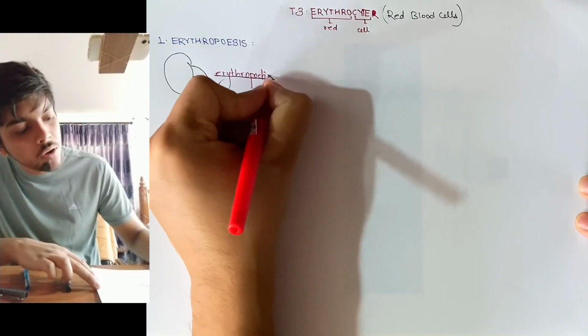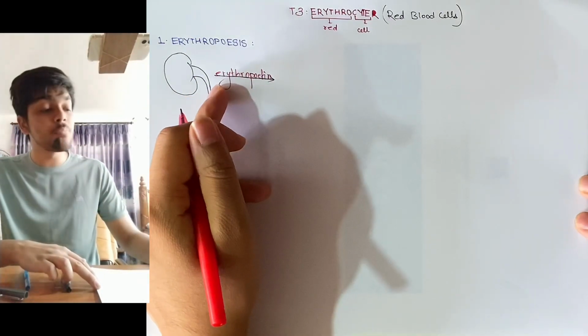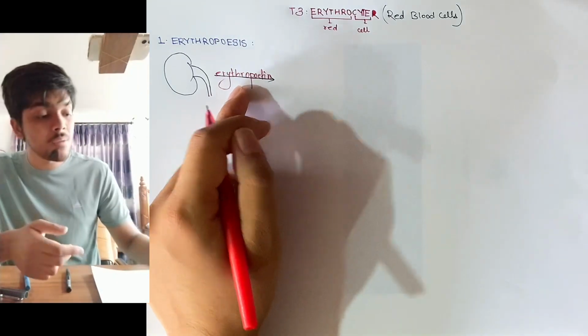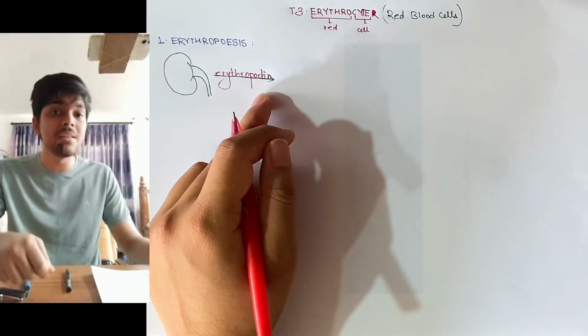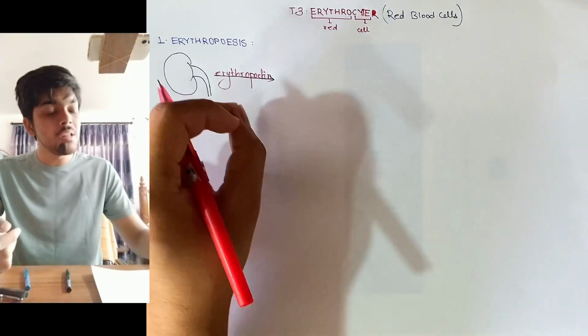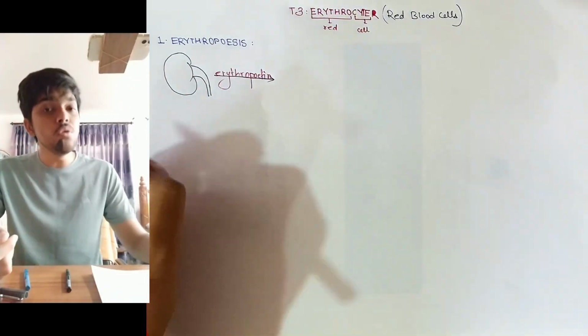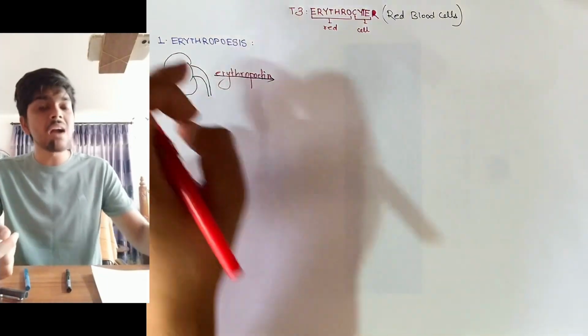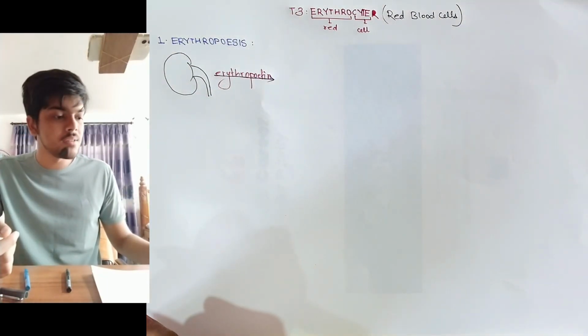Erythropoietin is that hormone which initiates the process of erythropoiesis. Erythro refers to RBC, poietin refers to that which begins poiesis or formation. So erythropoietin hormone produced by the special cells present in your kidney starts the process of erythropoiesis.